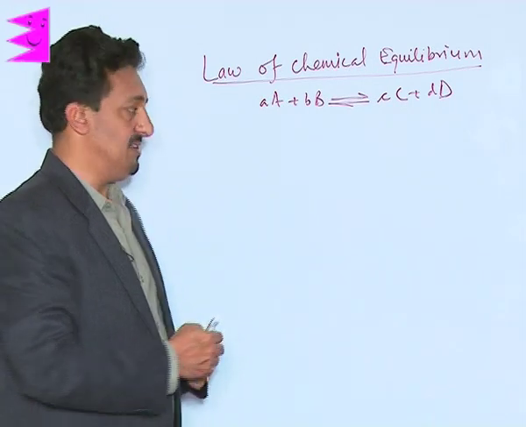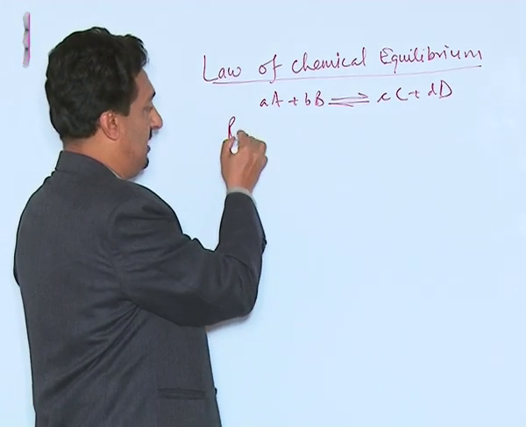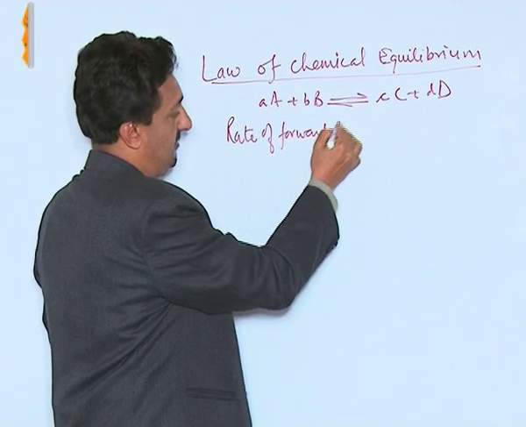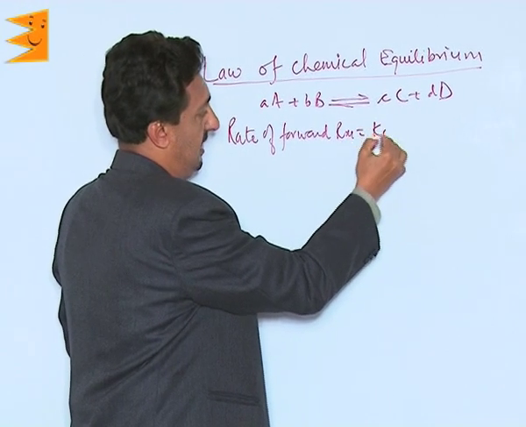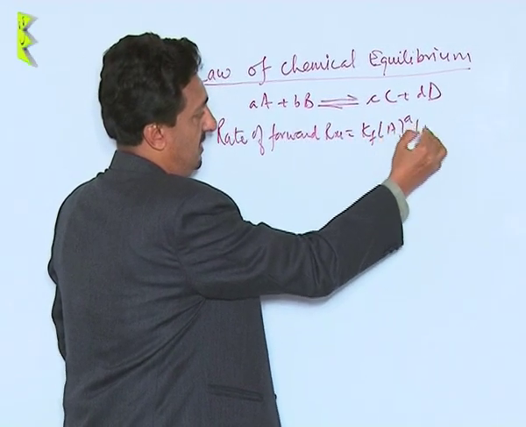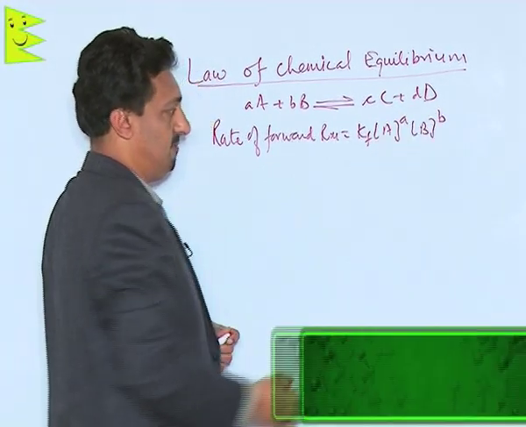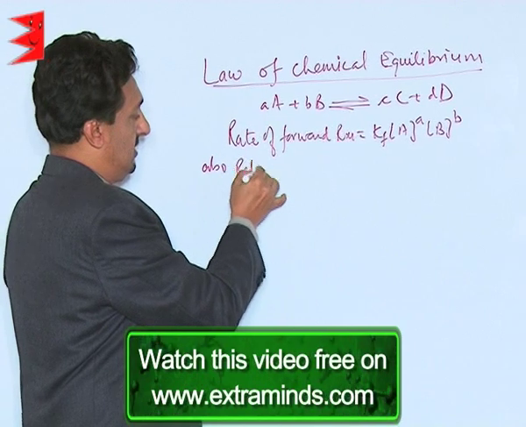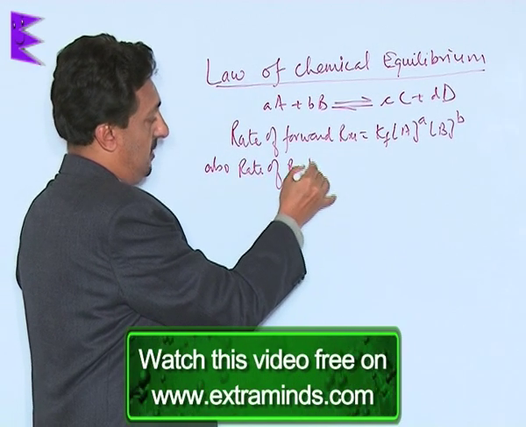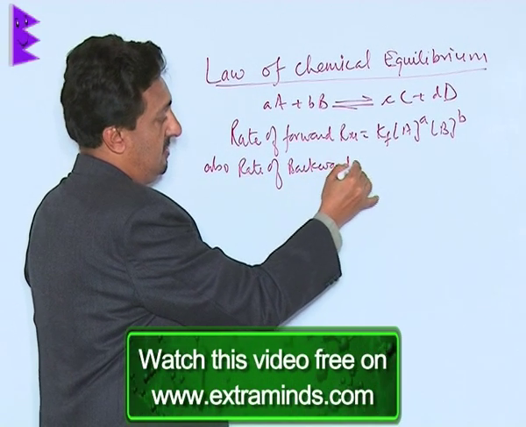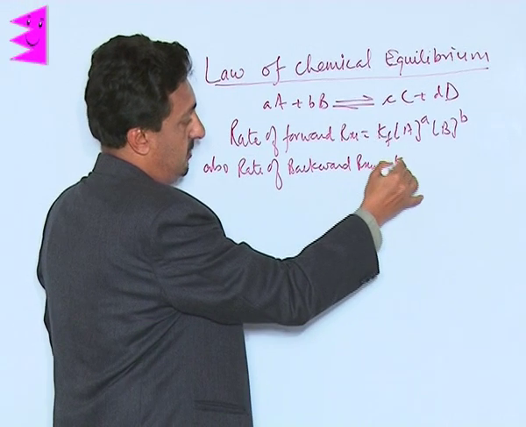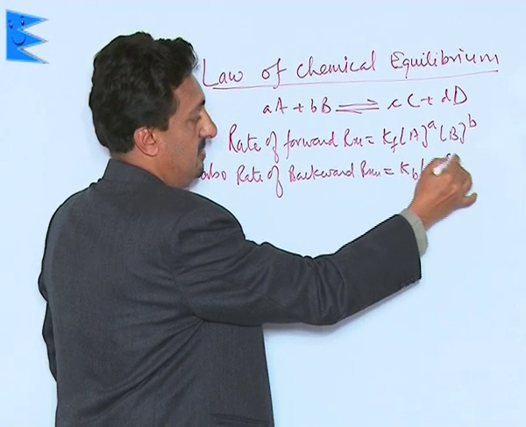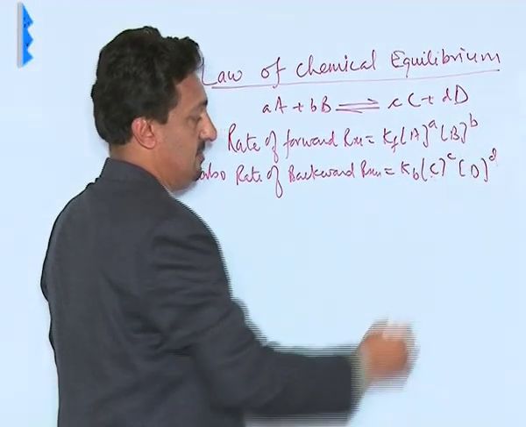As per that particular law, we already know that the rate of forward reaction is equal to Kf [A]^a [B]^b. Also, rate of backward reaction is equal to Kb [C]^c [D]^d.